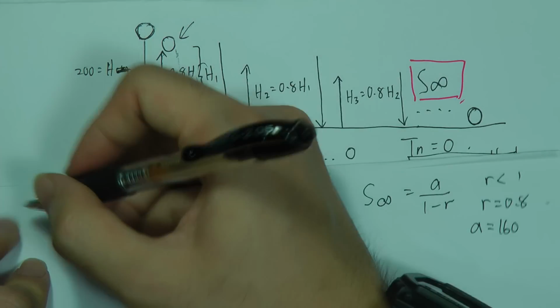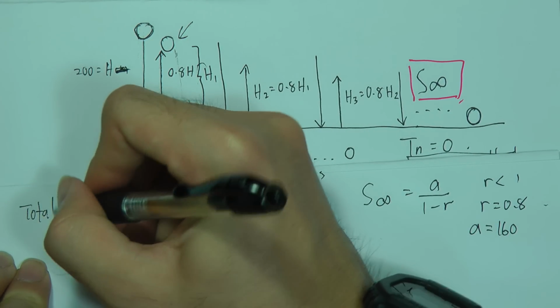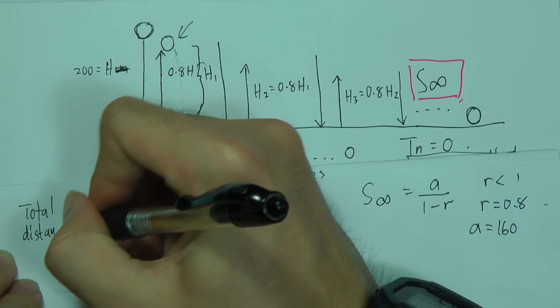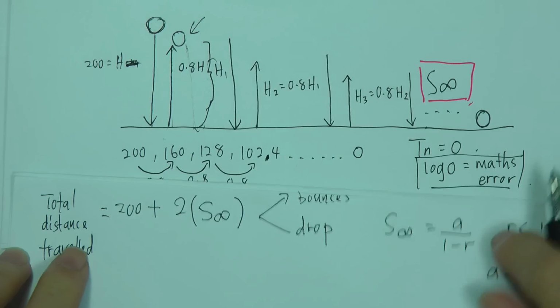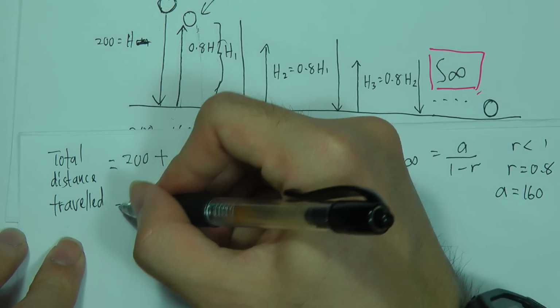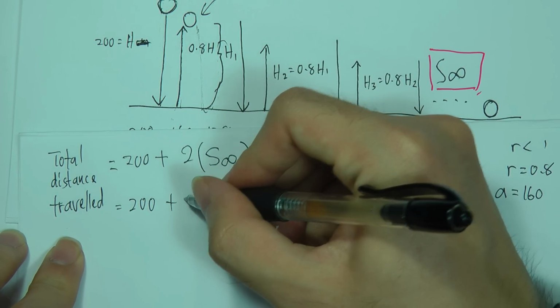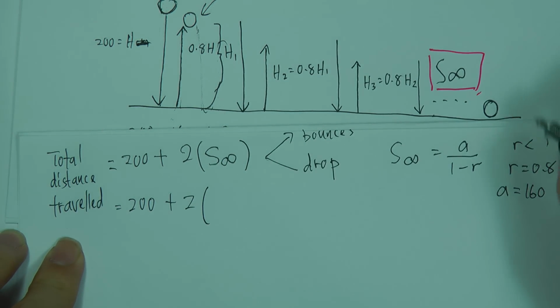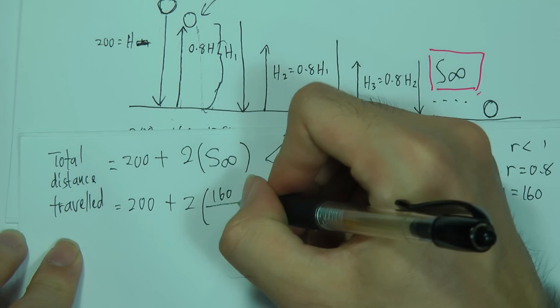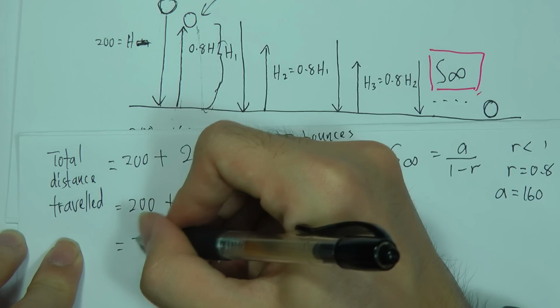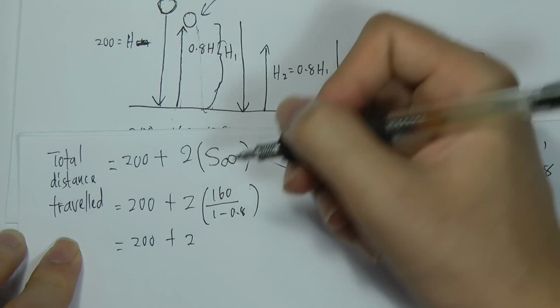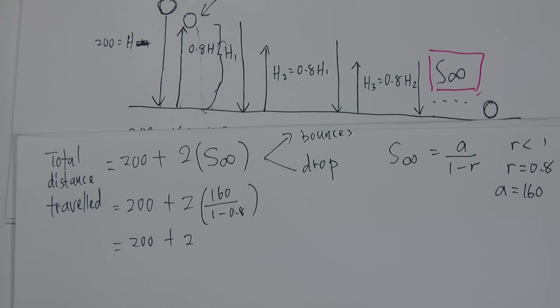This is the total distance traveled, which equals 200 plus 2 times a over 1 minus r, which is 160 divided by 1 minus 0.8. Using the calculator, we get 160 divided by 0.2, so it's 800.